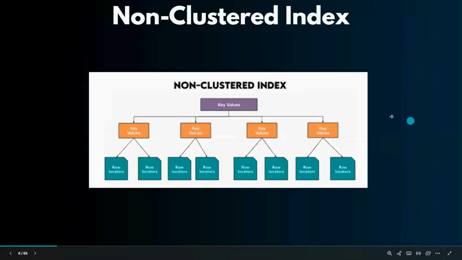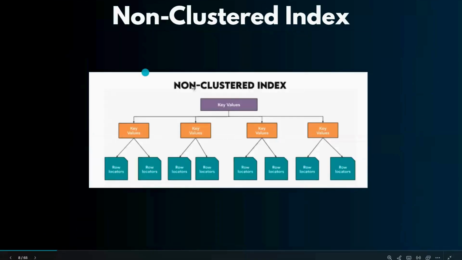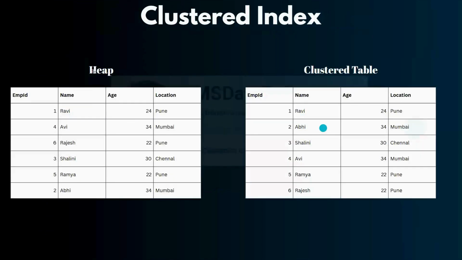Now, if you talk about non-clustered indexes, they will have the key values, and key values in the intermediate nodes as well, and in the leaf node, it will have the row locator. As I told you earlier, let me explain it through an example. Here you see this is a heap. When you create a table without any clustered index or primary key, as and when you insert data into the table, it goes into a random page and the row gets stored.